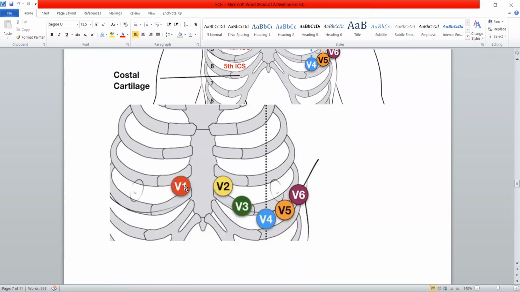The leads are placed such that V1 and V2 record the electric voltage from the septum of the heart. V3 and V4 record from the anterior surface of the heart, and V5 and V6 look at the heart from a lateral position. So V1 and V2 are for septal myocardial infarction, V1 to V4 are anterior septal, and V5 and V6 look at the heart from a lateral position.